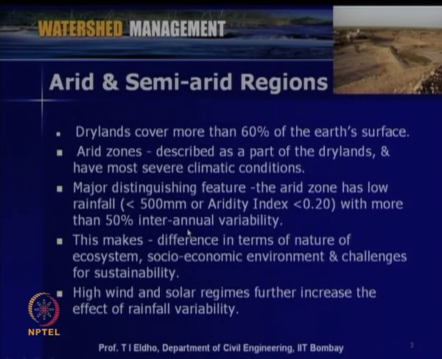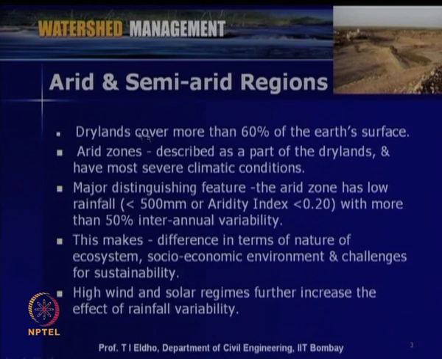We have discussed various issues related to sustainability. In these arid regions it is such a fragile ecosystem that a lot of challenges will be there when we discuss watershed management in terms of socio-economic and environmental aspects or land use aspects.